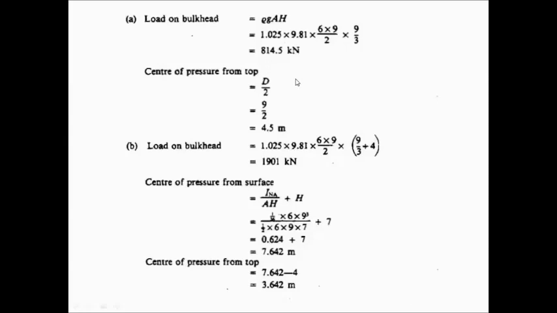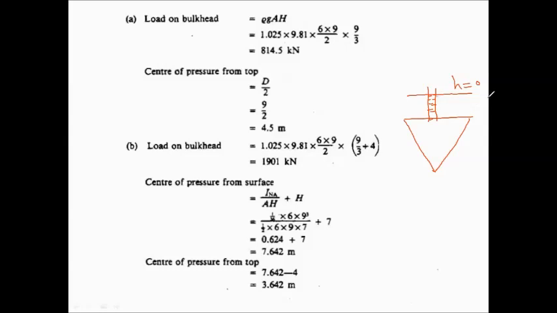So now we'll start the second question, or you can say the sub question B. In that case, what they have asked is that we again have a triangular bulkhead, and there is a sounding pipe, and water enters in the sounding pipe. It means that now the free surface will be at this location.